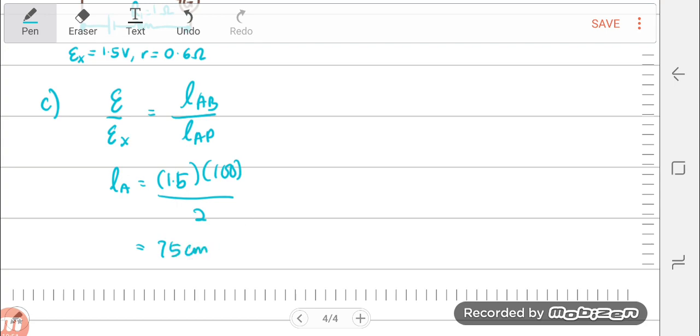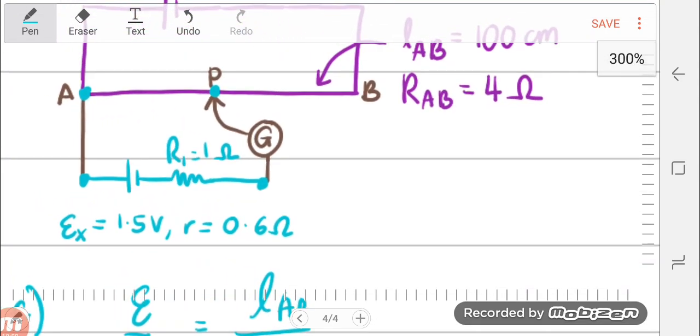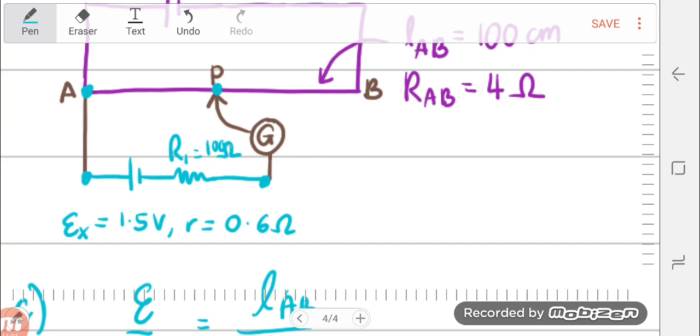And then you might want to ask me, Cikgu, if it is like this, even if we put 1000 ohm next to the EMF or the battery, it doesn't give any difference at all to the terminal voltage. Yes, apparently that's how it works.